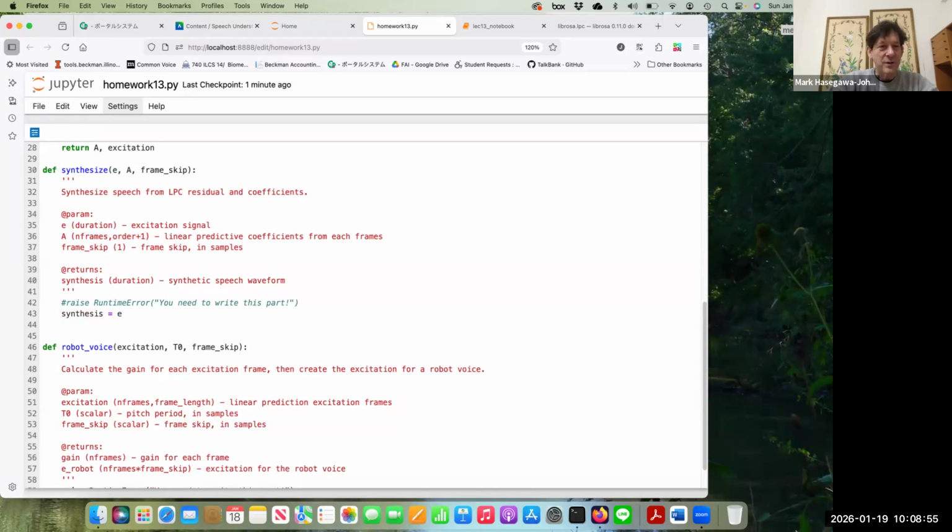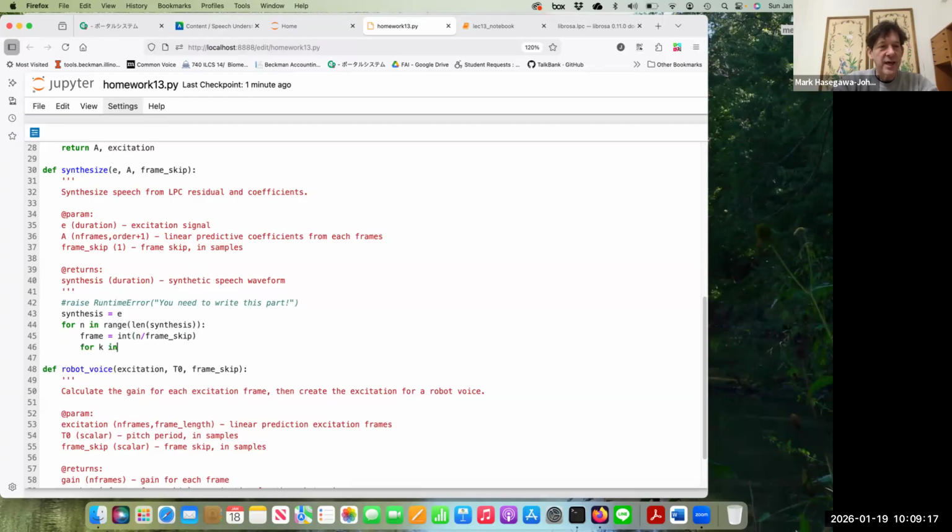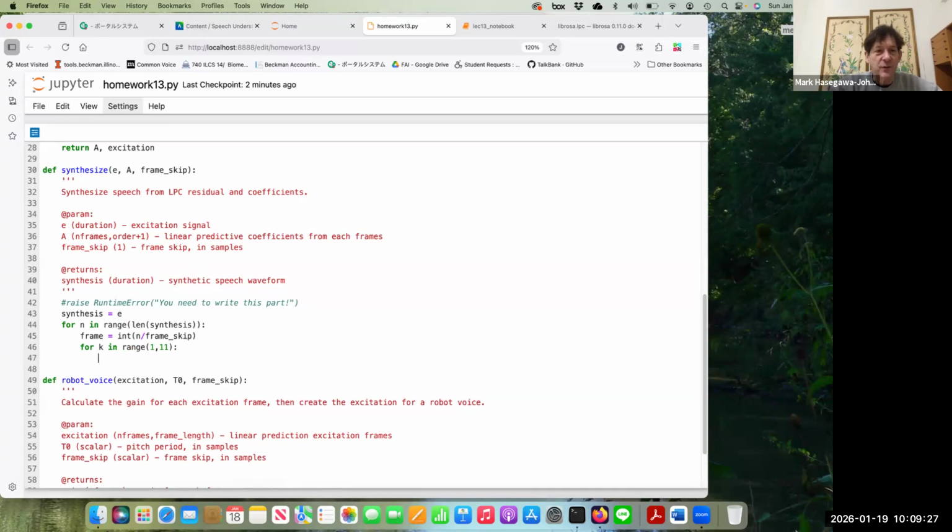And then if we start with synthesis equal to the excitation, then we can do for n in the range up to the length of the synthesis. We will calculate which frame it is. The frame is equal to the integer of n over the frame skip. And then we want to do for k in the range now from 1 up to order plus 1. Order is not specified here, so I guess we'd better make it 11. We want to do for k in the range of 1 up to 11.